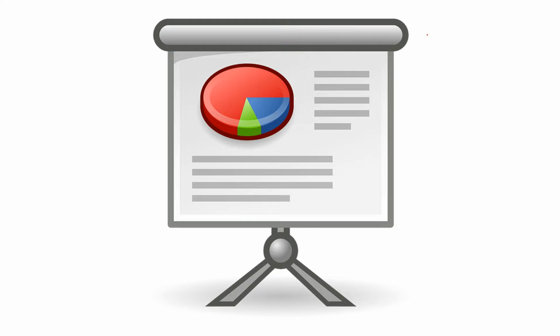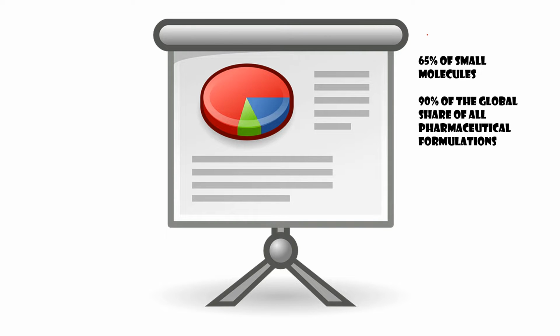It is also important to bring to your notice that these oral dosage forms, which we've talked about, so whenever you hear oral dosage forms, they are to be administered via the GIT, via the mouth, most likely. It's quite important for you to understand that this makes up 65% of small molecules.